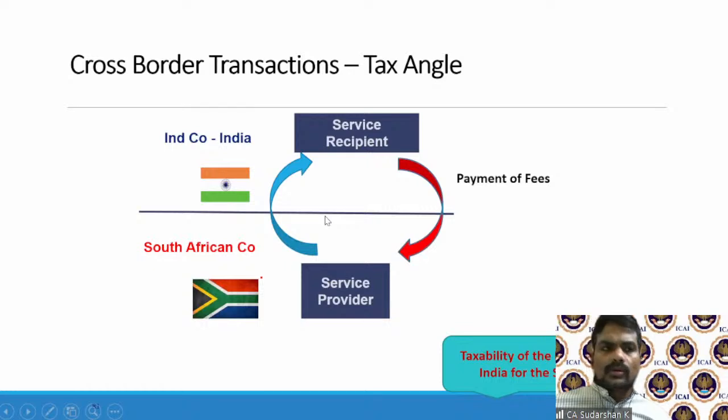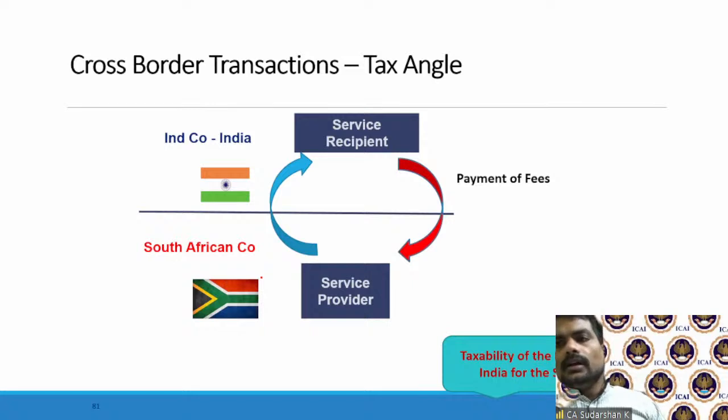Now, this again we discussed on the first day when I started with the general taxation systems. But now that we're going to get into the tax treaty, we will revisit this again to better understand why we need a tax treaty, why we need international tax law. Now, if you look at this particular example before you, an Indian company is a service recipient, and there is a South African company, which is a service provider.